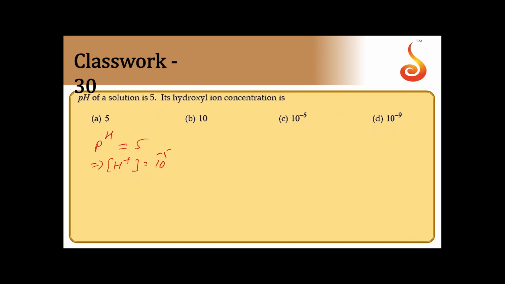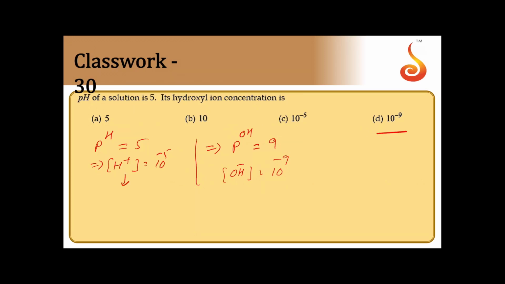From there you can find the OH minus ion also. Or else pH 5 implies pOH is equal to 9, because pH plus pOH is equal to 14. And pOH 9 means OH minus ion must be equal to 10 to the power of minus 9. So the answer is option D.